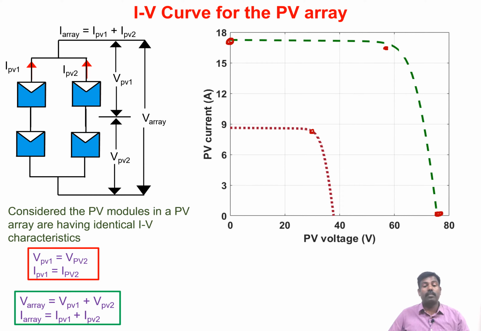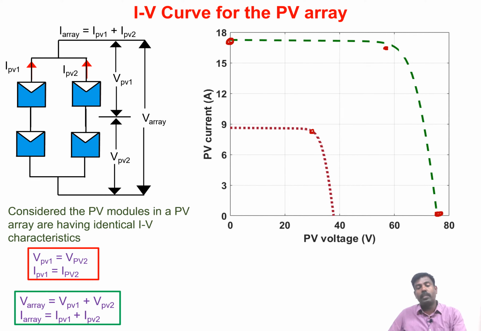But in all the cases, what we have considered is that the modules are identical in nature. But will these IV characteristics of the PV modules be identical in practice? In practice, there is a possibility that the IV characteristics of the two modules may be dissimilar.